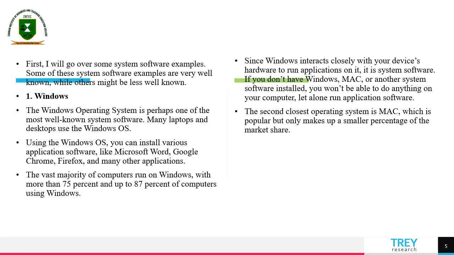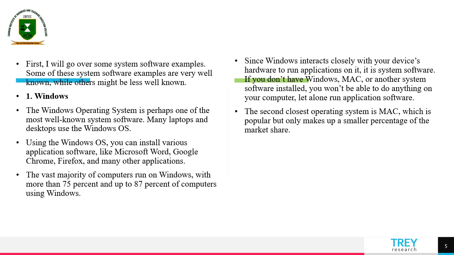Like we mentioned earlier on, the Windows operating system is one example under system software. Under the Windows operating system, this is where we find operating systems like Windows 7, Windows 8, Vista, Windows XP. It started with the first generation, and we are now in the fifth generation. Now there is even Windows 11. They keep on improving and updating Windows, with different types of Windows.